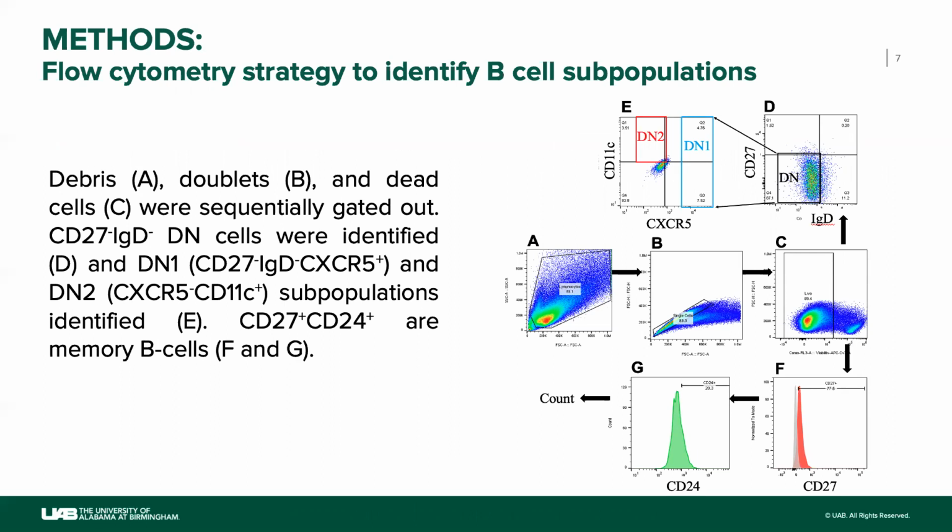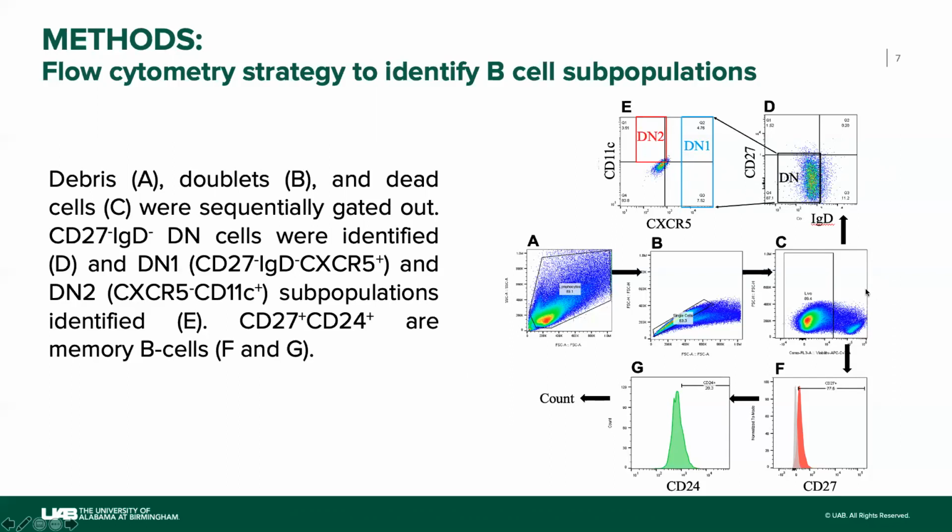The diagram on the right shows the gating strategy we used to identify double negative cells, which are the DN1 and the DN2 cells, and also memory B cells. So debris, doublets, and dead cells were sequentially gated out, which are represented by A, B, and C respectively.